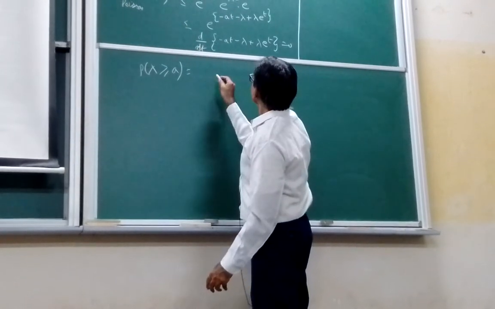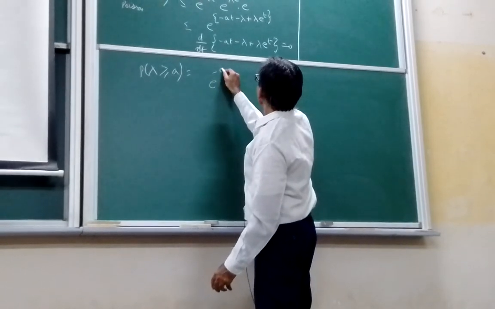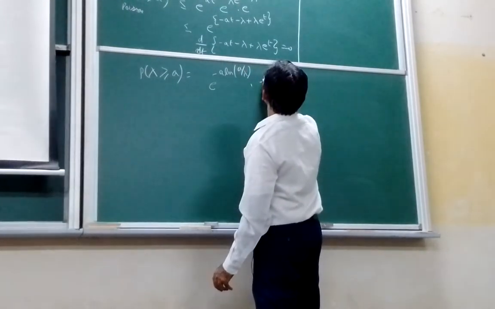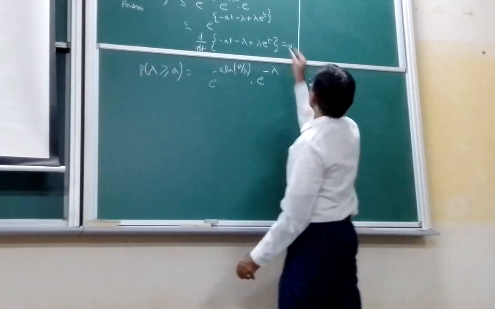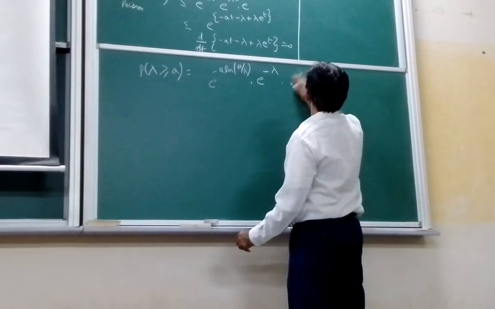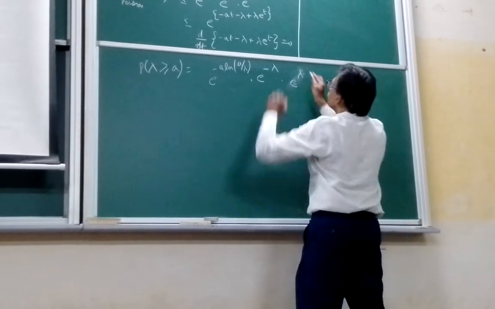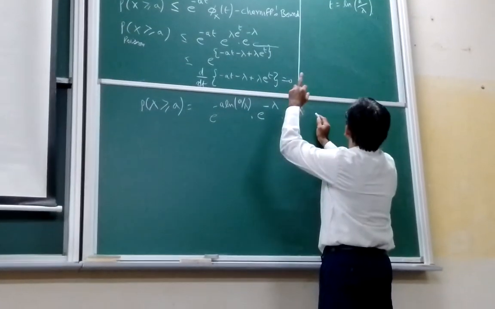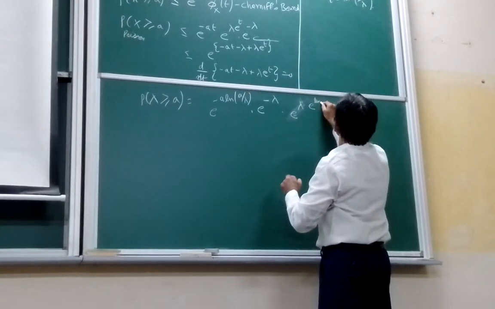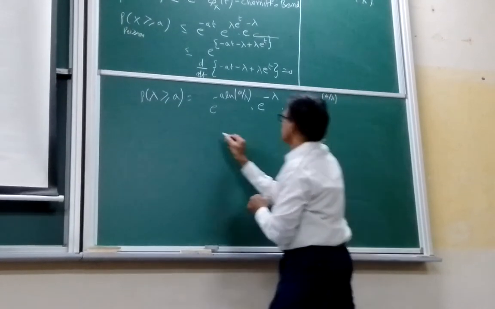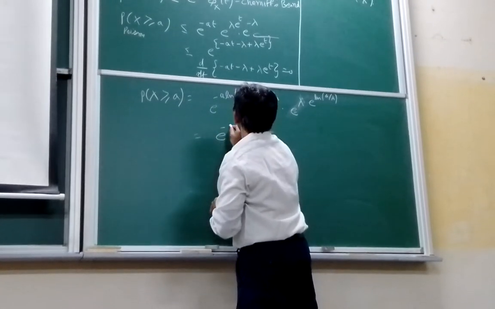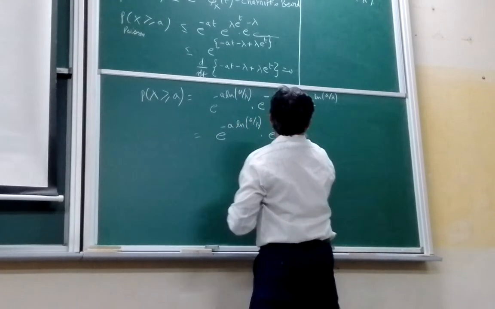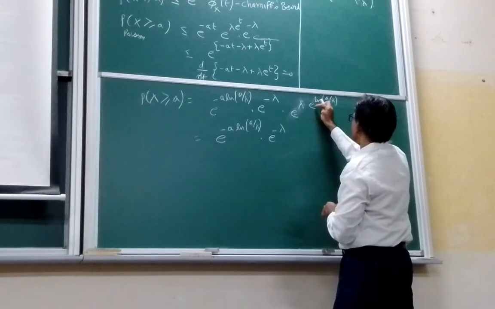So e power of minus a into ln of a by lambda, into e power of minus lambda, into e power of lambda into e power of ln of a by lambda, I am substituting this. So this is gone.